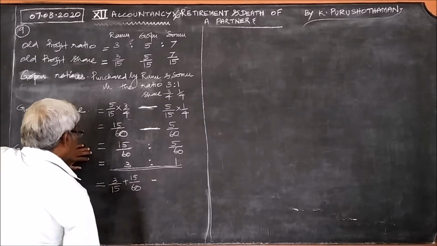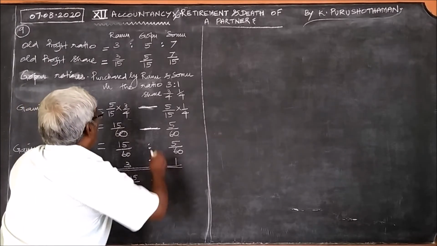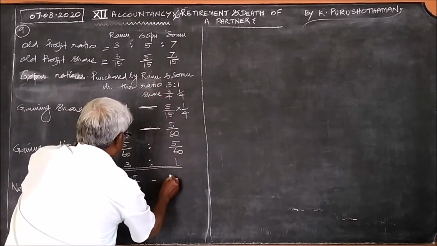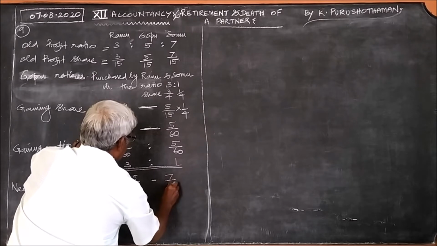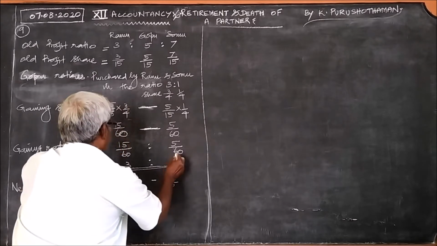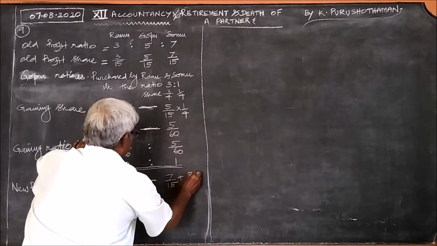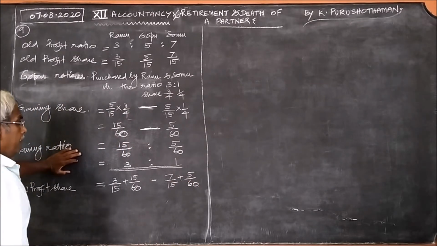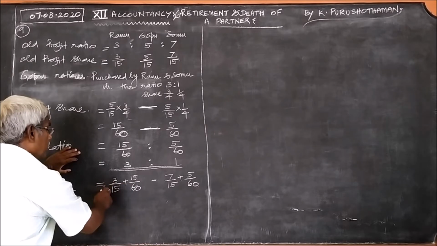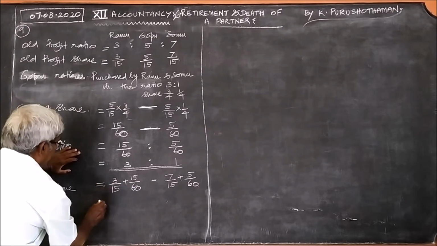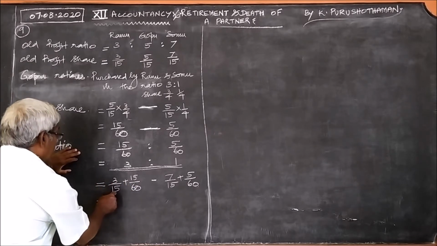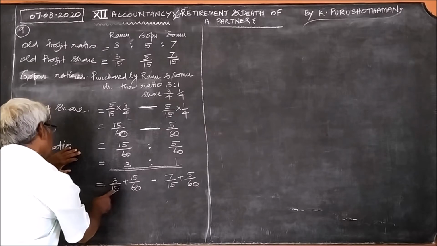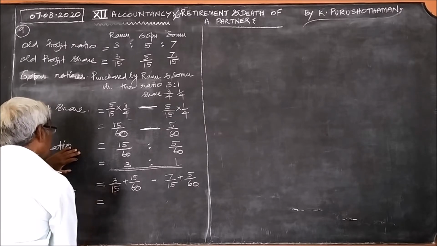Here, old share 7 by 15, the gaining share is 5 by 60. Now if we want to add these two, we need the same denominator, so convert it into 60.